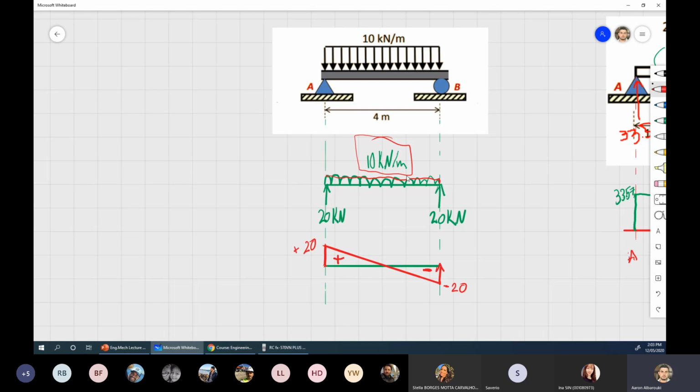So the point I'm trying to make here, the shape of your UDL is a straight line. The equation for a straight line is y equals a constant. In our case, it equals 10. Your force is always equal to 10.